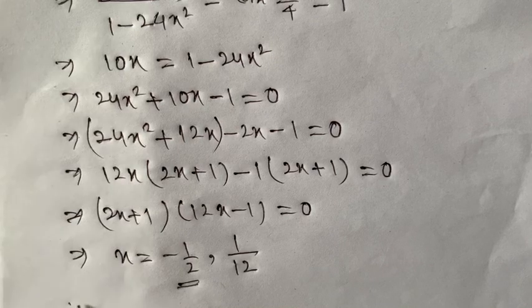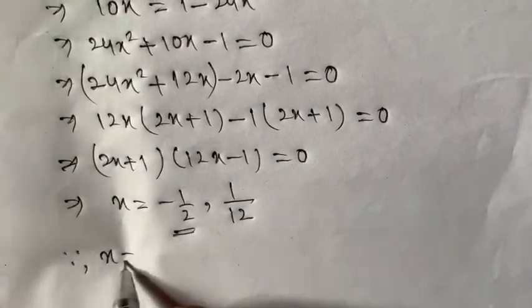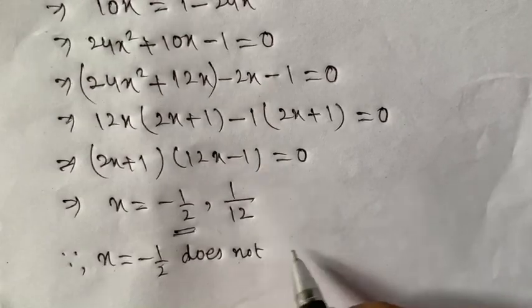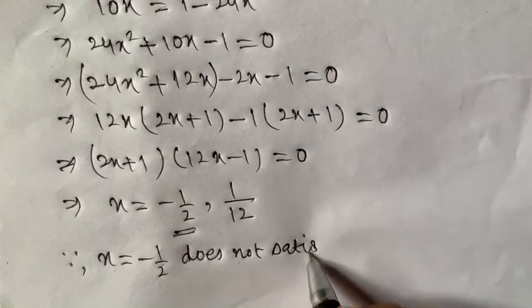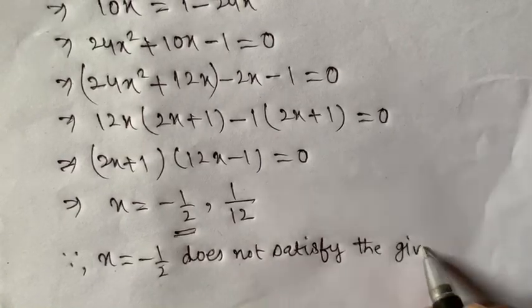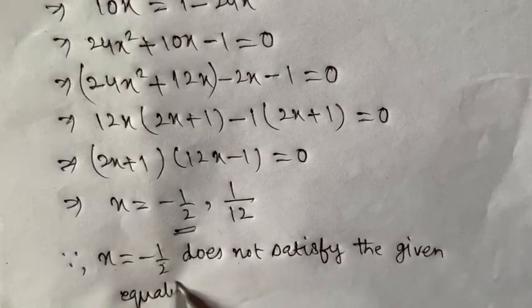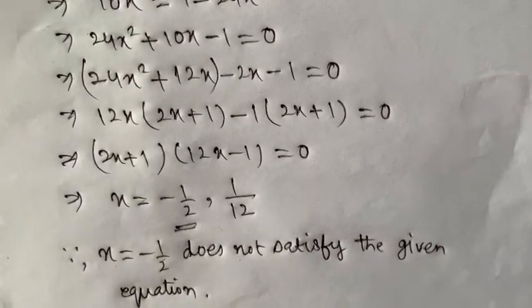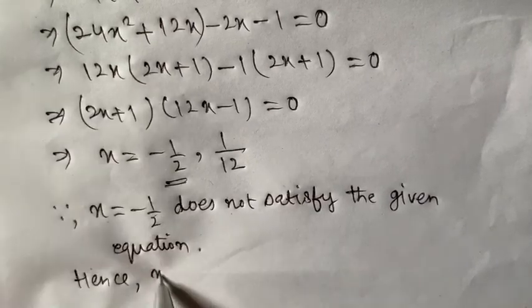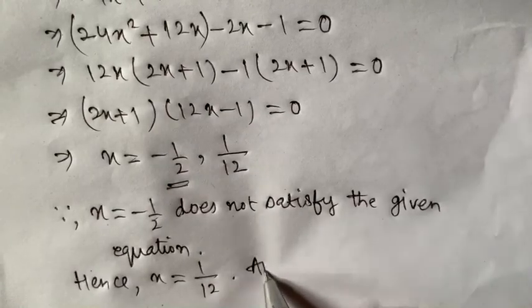So we will write, since x is equal to minus 1 by 2 does not satisfy the given equation, hence x is equal to 1 by 12 will be the answer.